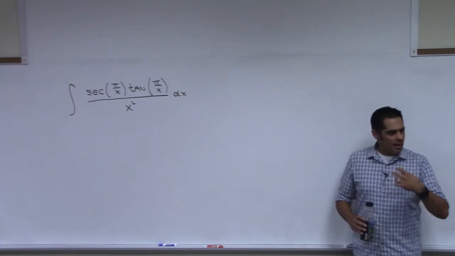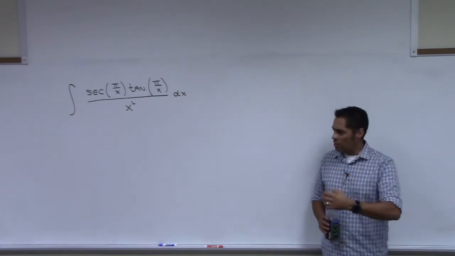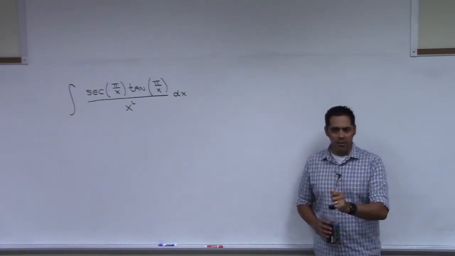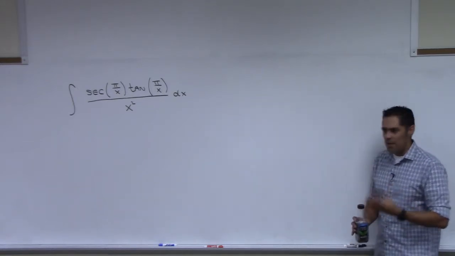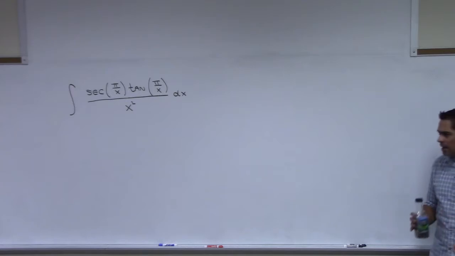That it's not mechanical like Cal 1. It's not product rule, quotient rule, chain rule, where I just provide you with a formula, then you just operate the machine. You actually have to try things, try something else, see some algebra.